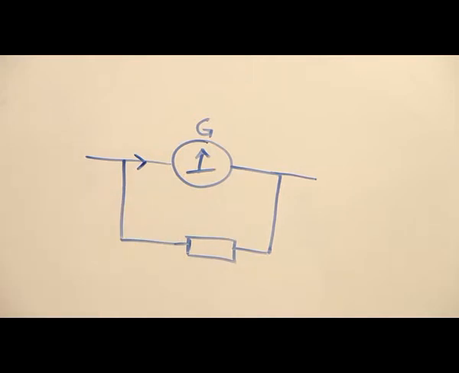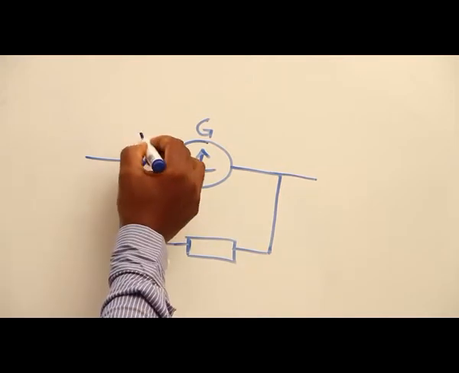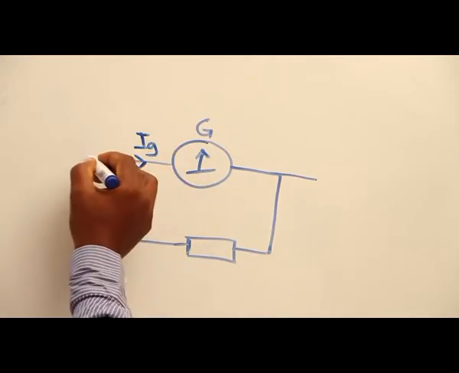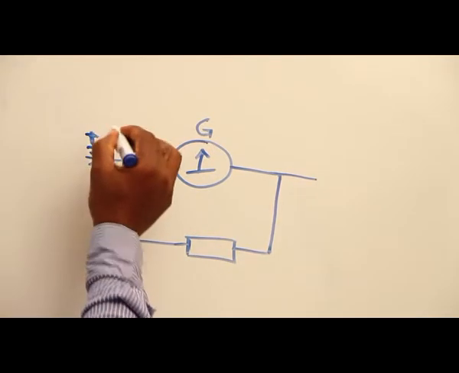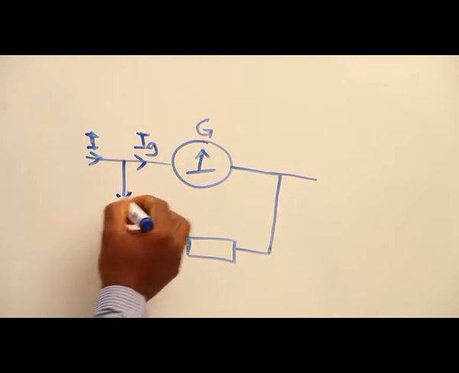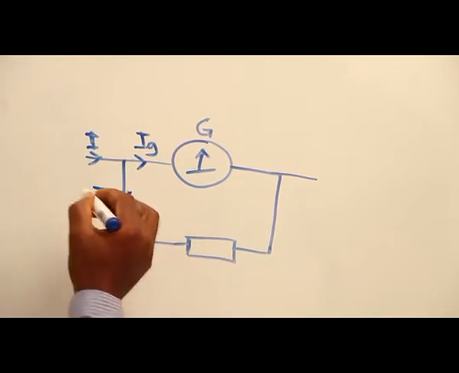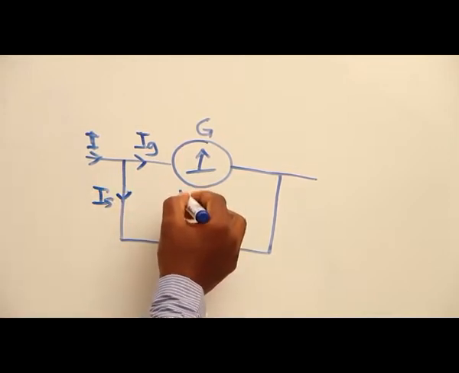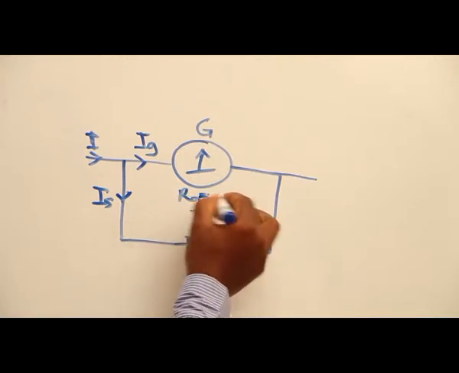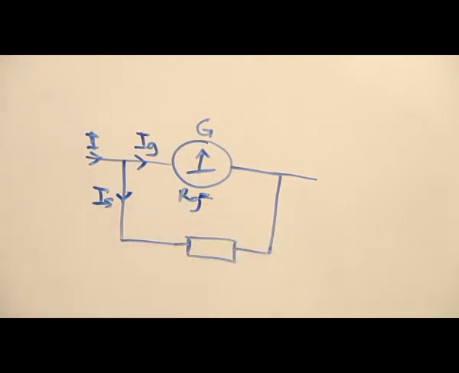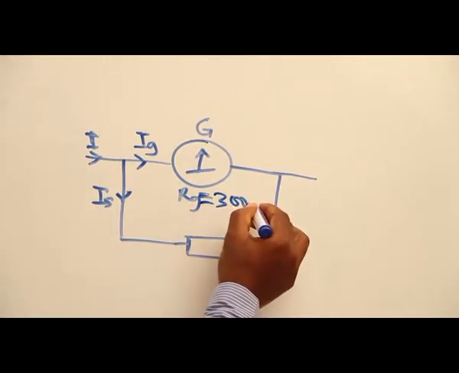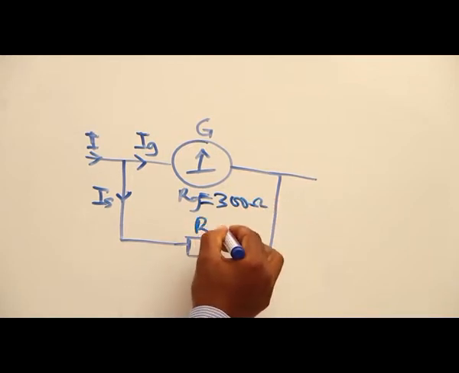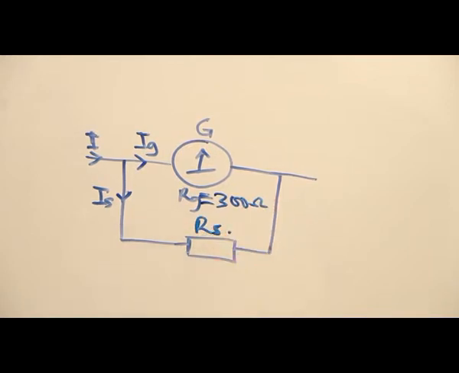The current through the galvanometer at full-scale deflection is Ig, and the total current coming in is I. Current going to the shunt is Is. Then we have the resistance of the galvanometer as 300 ohms. We have the shunt. We are looking for the value of the shunt.